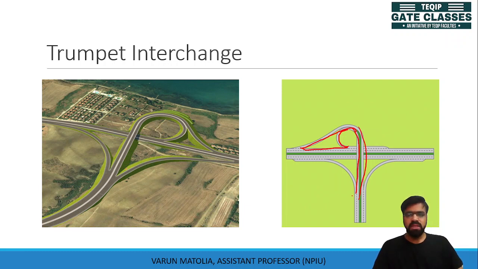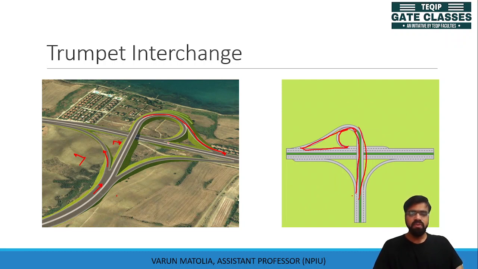So here, if vehicles are moving in this direction and want to move from here to here, they may use this lane. If they are moving here but want to move from this lane to this lane, they will use this outer curve and move in this direction. So maneuvering of these two vehicles in both directions is possible.